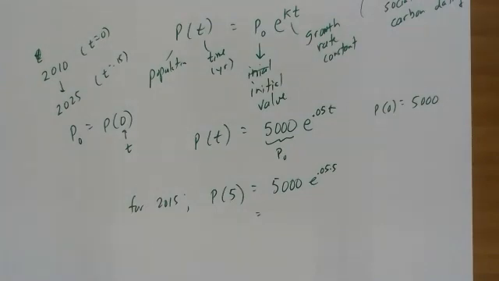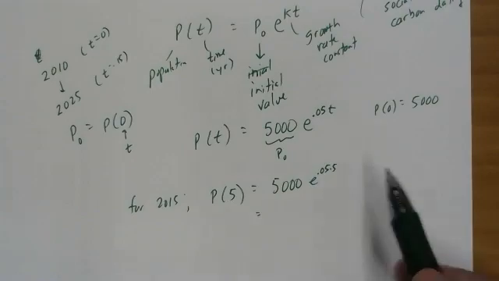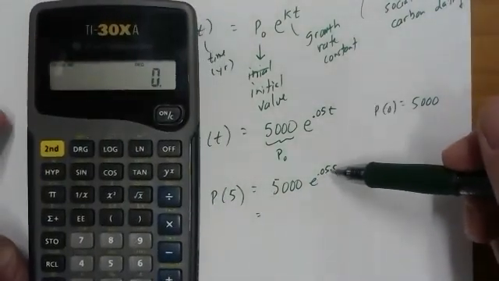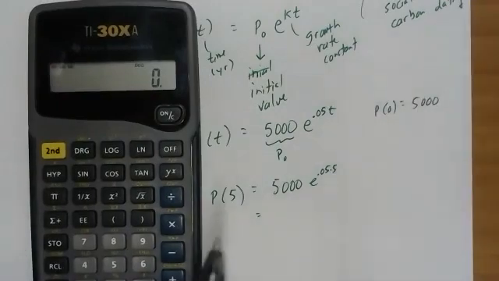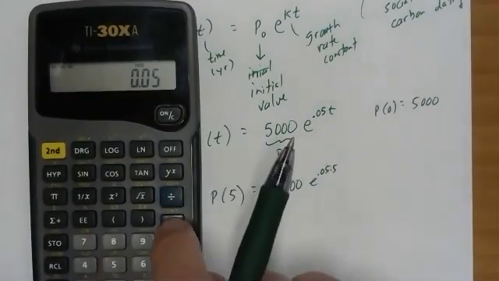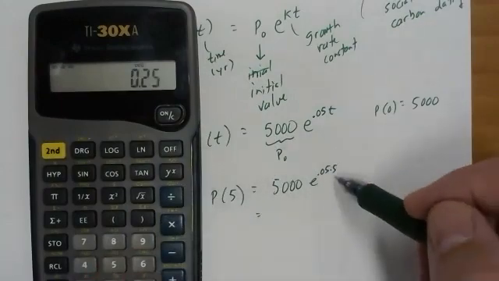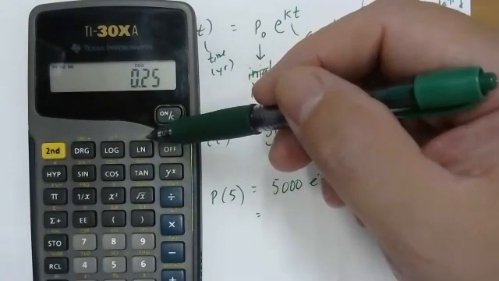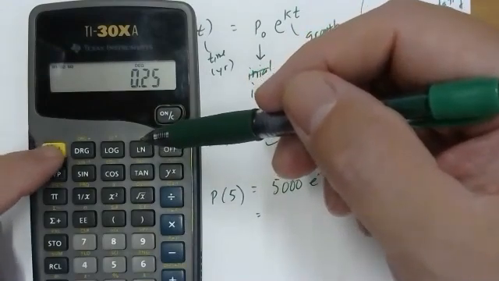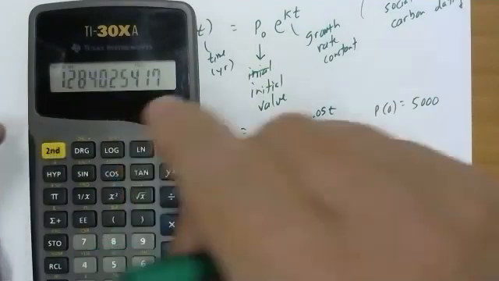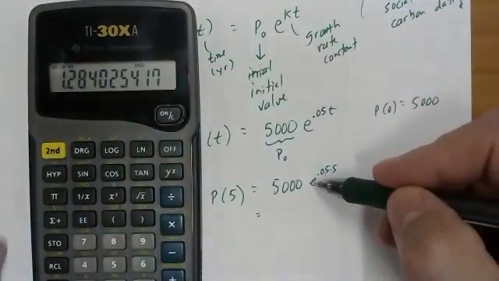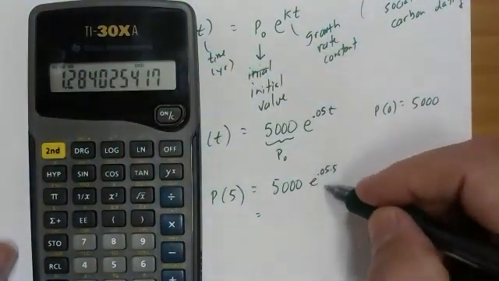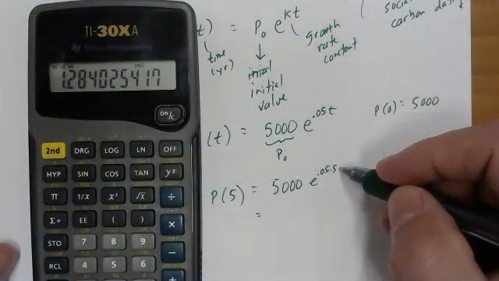So you take your calculator, hopefully you know how to do this kind of math on your calculator. So I have 0.05 times 5. Now for me, I have this little e to the x in yellow. The way I access that is I hit this yellow button. When I do that, this number here is e to the 0.05 times 5. So this whole thing here is like 1.284.